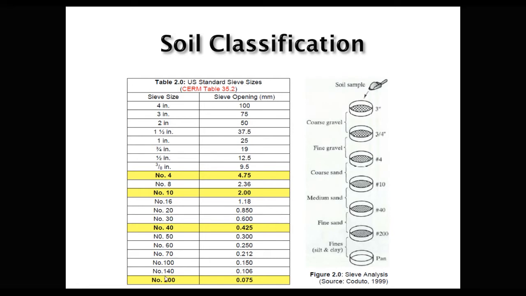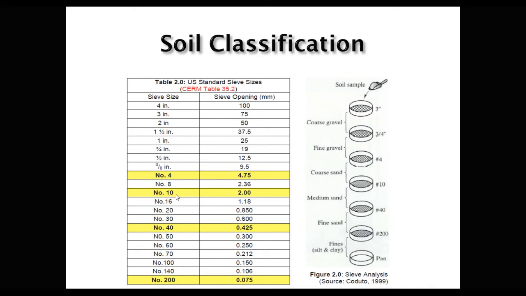So when the soil retained on this number 200 is greater than 50%, it is a coarse grain soil. When the amount of soil retained is less than 50% on this number 200 sieve, it is a fine grain soil. So if anything, try to memorize these four sieve sizes: number 4, number 10, number 40, and number 200.